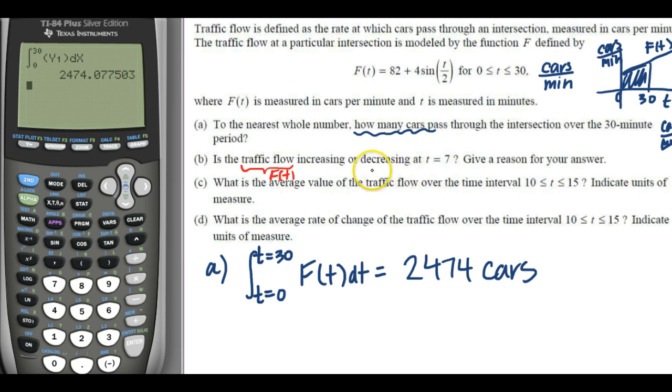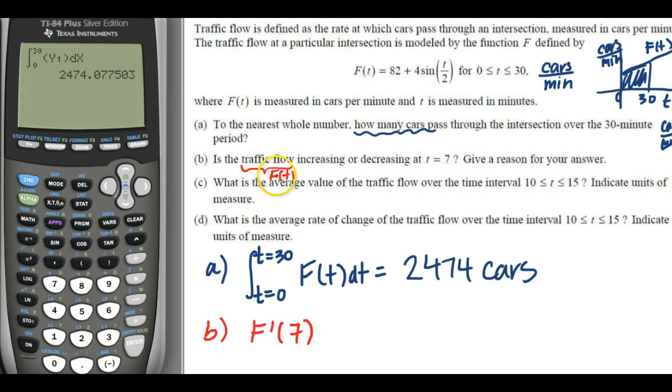So now this takes us back to remembering that a function is increasing when its derivative is positive. So we're looking at the specific value right here at t equals 7. So for part B, we need to determine the sign, positive or negative, of f prime of 7.